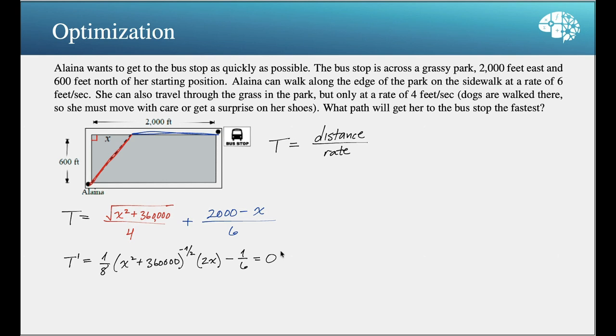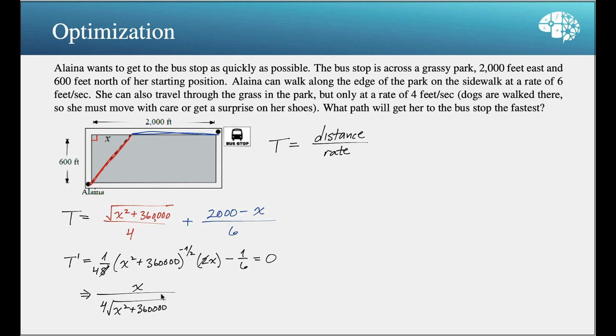All right, so now our goal is to solve for x. I'm going to do a little bit of algebra here. First, I will rewrite this as a fraction. We've got this negative exponent, which brings it down into the denominator. And so we've got an x in the numerator. The 2 and the 8 will cancel to be a 4th, and we'll put that in the denominator. So 4 root x squared plus 360,000.